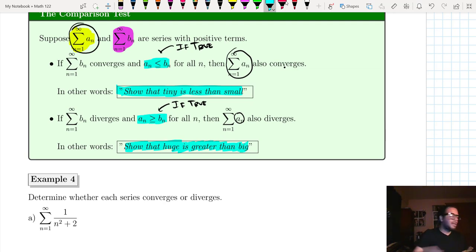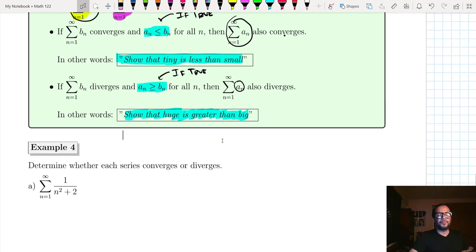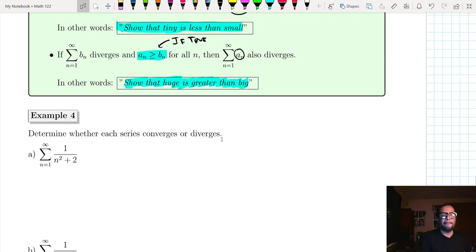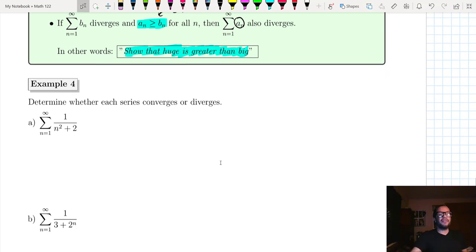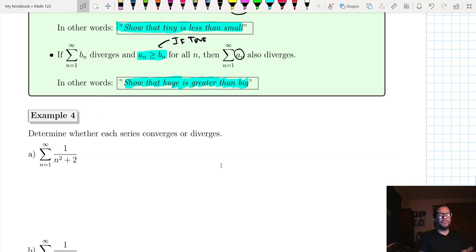Okay, let's look at one example. Let's determine whether each series converges or diverges. So we are going to have sigma n equals 1 to infinity of 1 over n squared plus 2. This is our given, this is our a sub n.